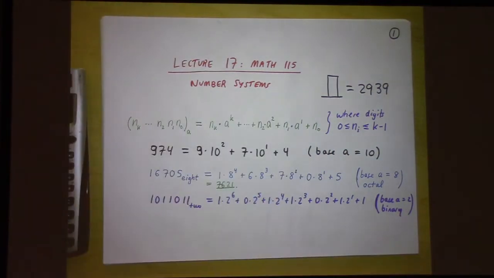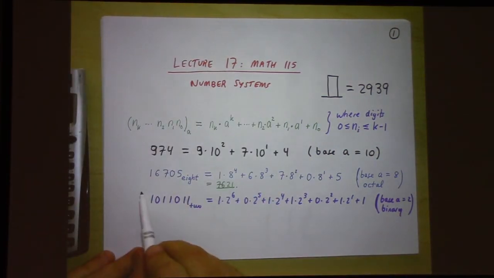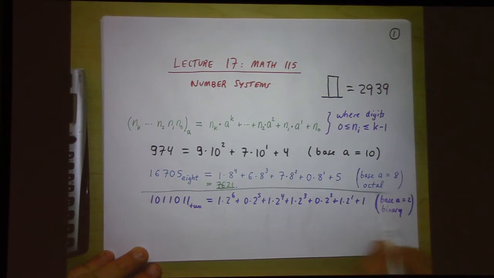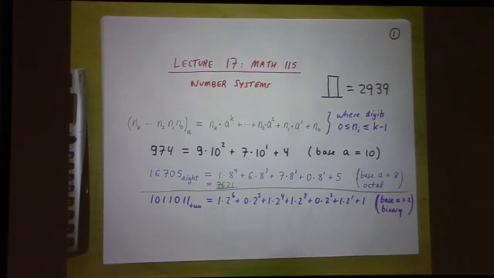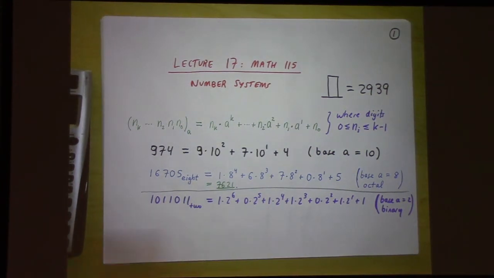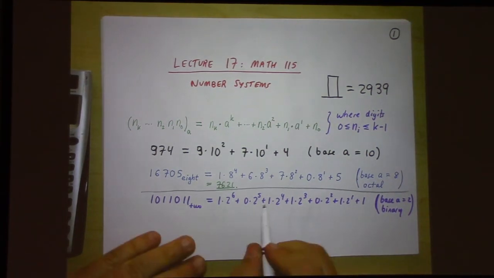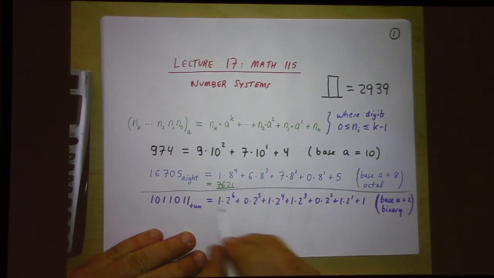Now, how about that binary number right below it? What's the value of that in base 10? Let's see here. We just have to add those numbers up, right? I don't think I need a calculator for that one. 2 to the 6th is 64, I think.